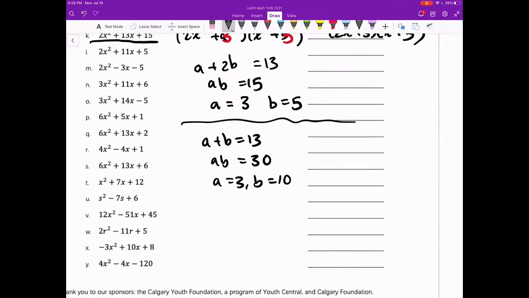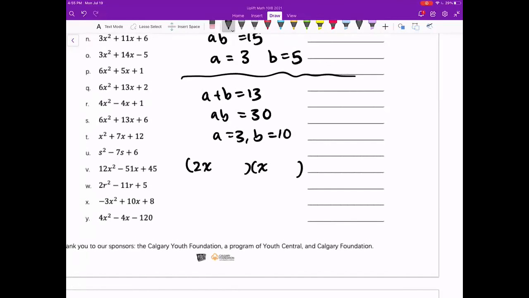And there's only one possibility, and 10 is divisible by 2. So we do 2x plus 3 and x plus 5. We just do plus 3 and then plus 10 divided by 2, which is just 5.